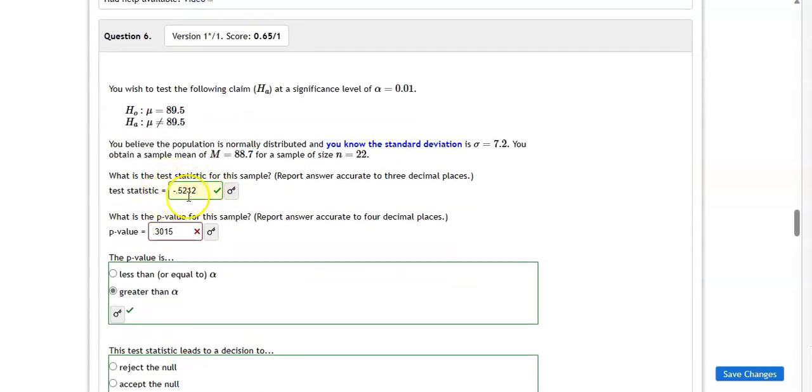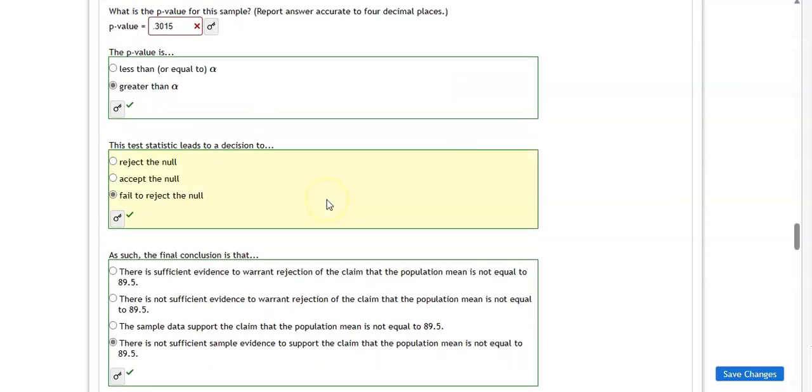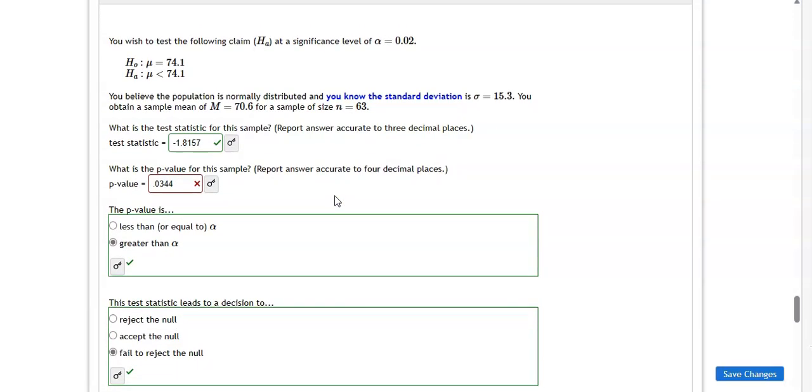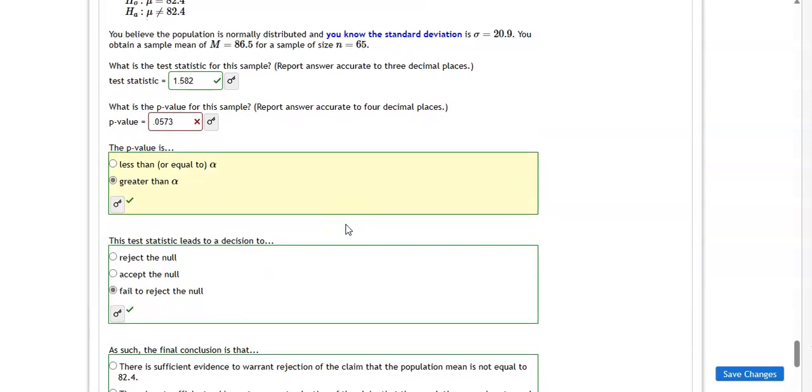If the test statistic is negative, we look it up and then we double it. If the test statistic is positive, we look it up, subtract from 1, and double it. So I think that's going to help people with their p-values.